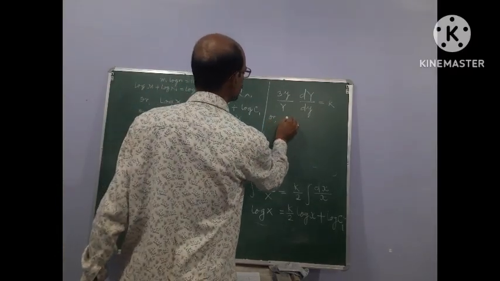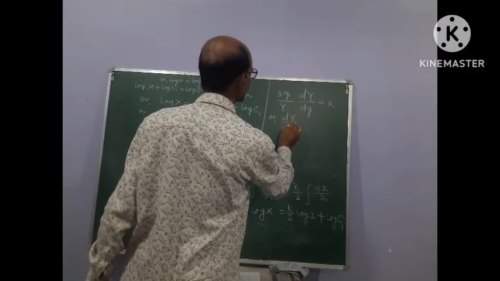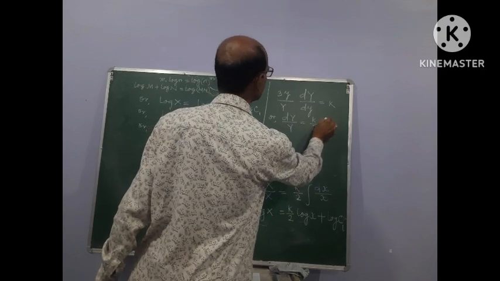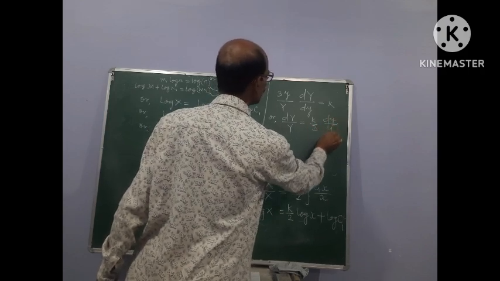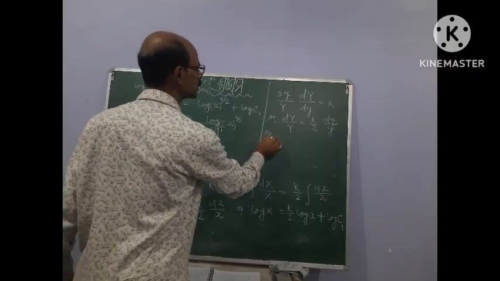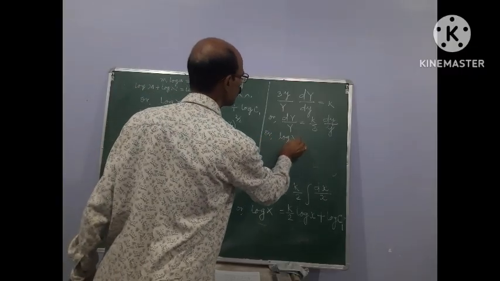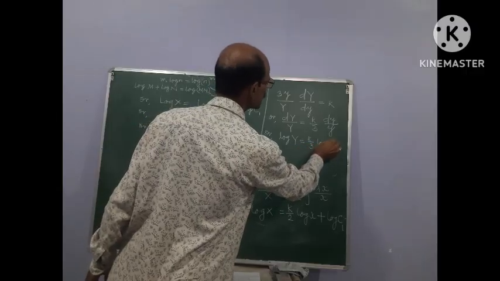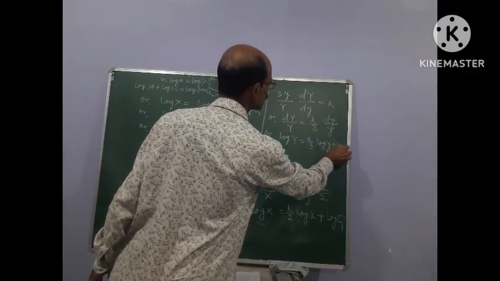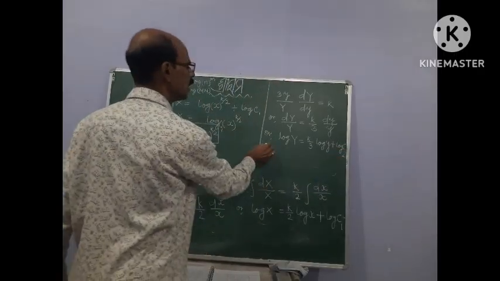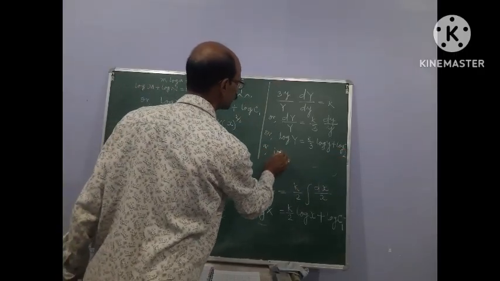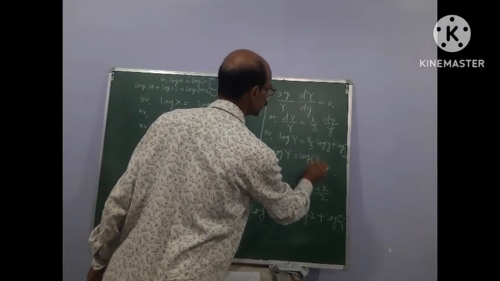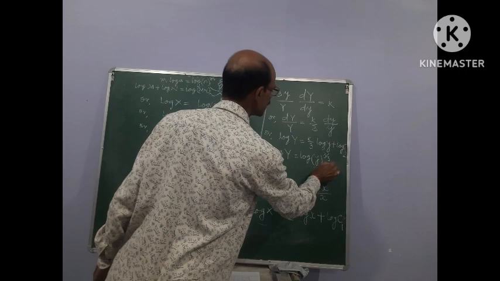Solving this, we will get dY/Y is equal to k/3 dy/y, then integrating both sides, we obtain log Y is equal to k/3 log y plus integration constant log C2, or we can write log Y is equal to log y to the power k/3 plus log C2.